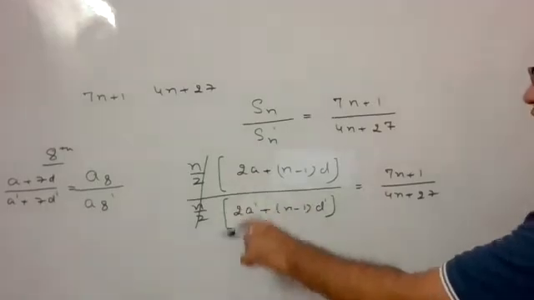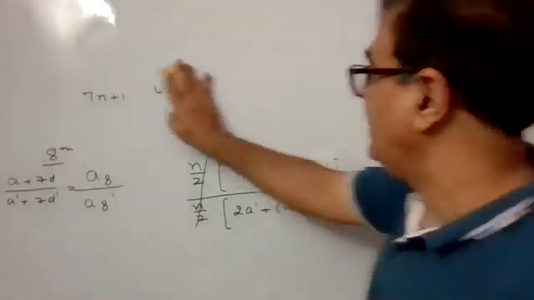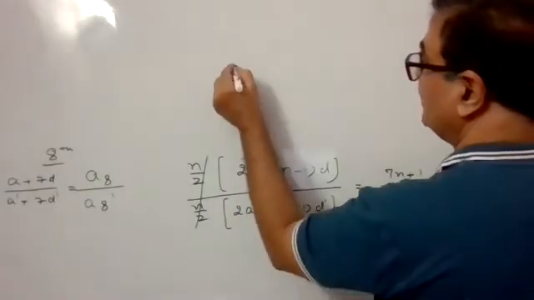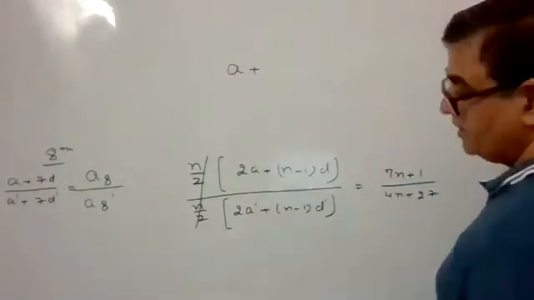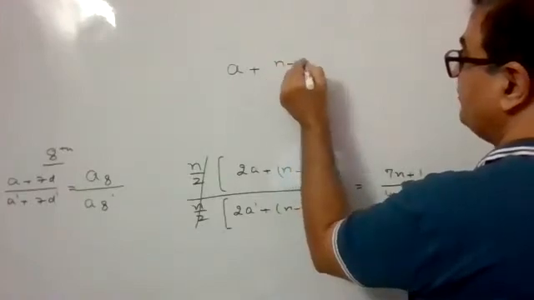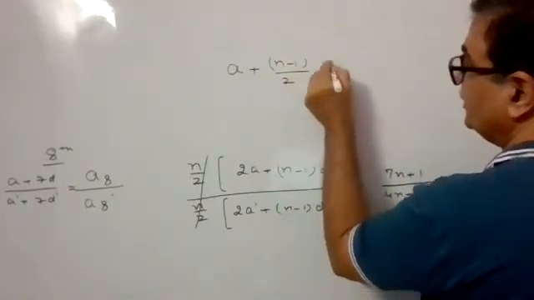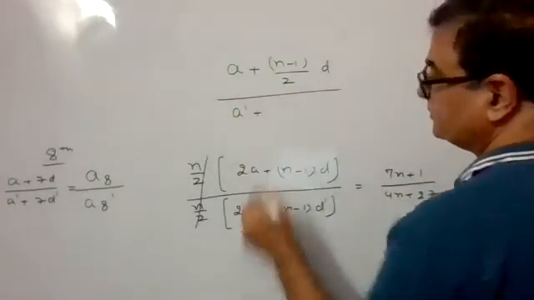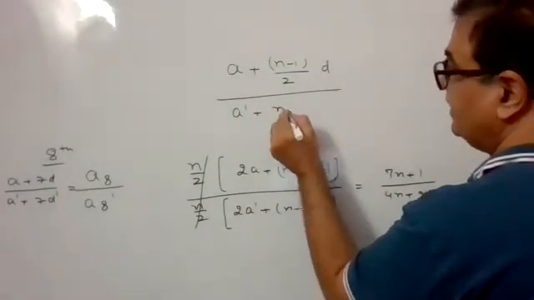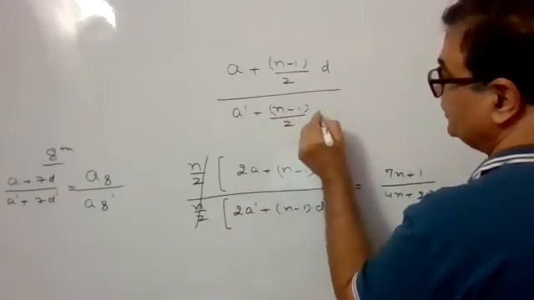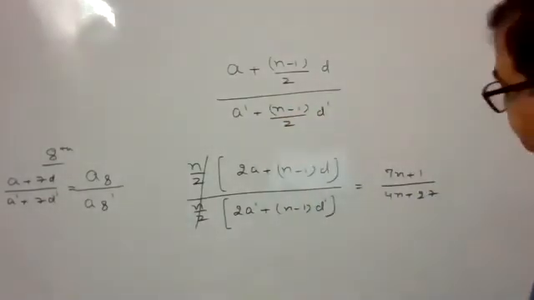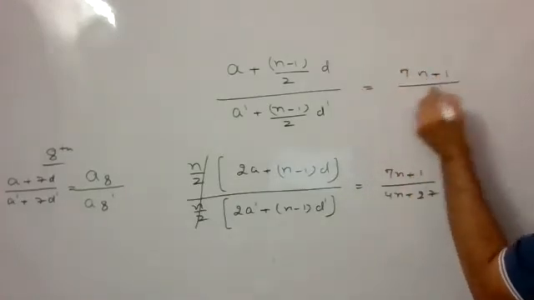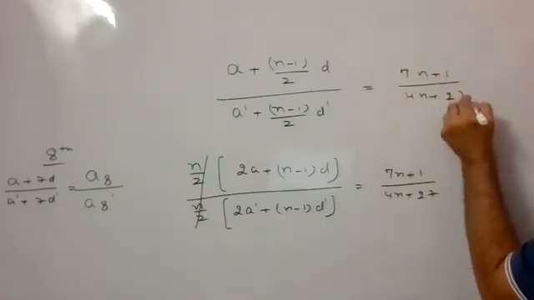First you divide 2 in the numerator and denominator. यहाँ भी 2 से divide करो, यहाँ से 2 से divide करो. तो अगर divide करेंगे तो ये आएगा a plus (n minus 1) by 2 d. Here we got a dash plus (n minus 1) by 2 d dash. This comes out to be 7n plus 1 by 4n plus 27.